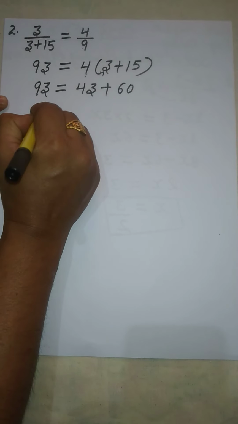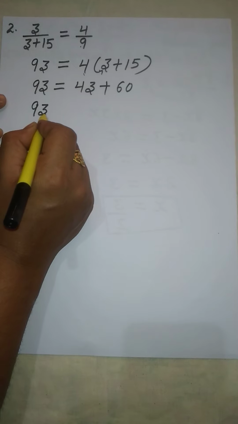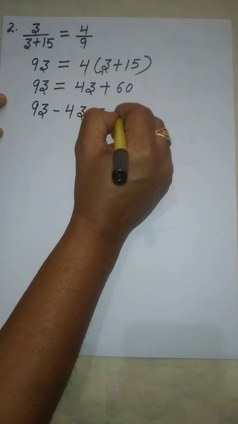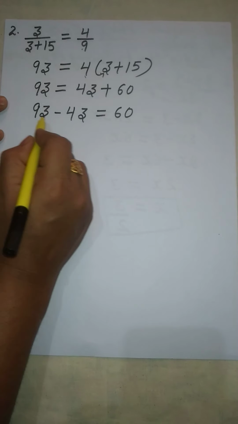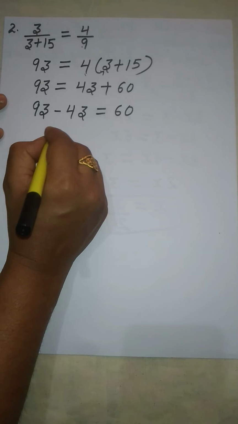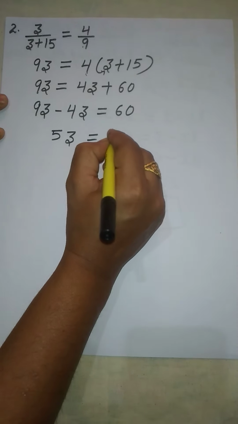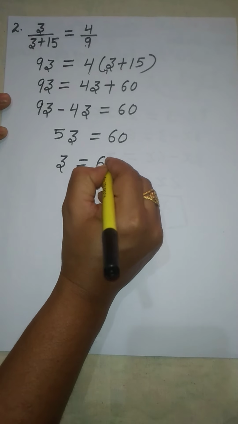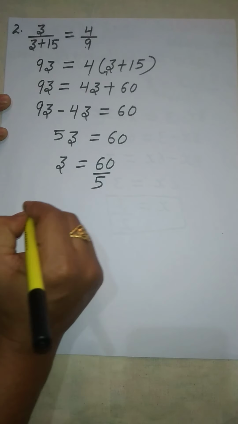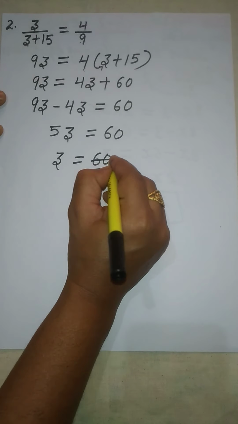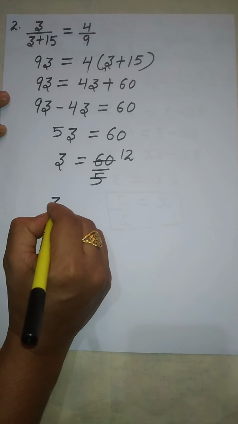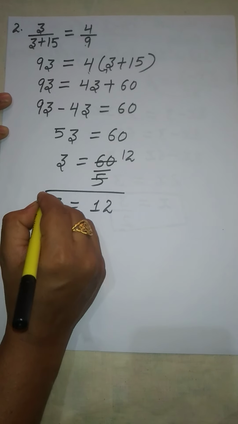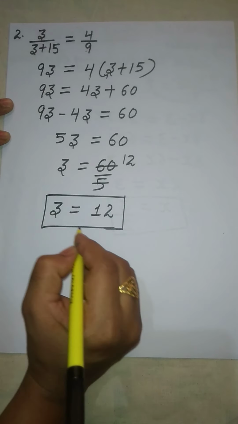Now 4z will be transposed to the left side. 9z minus 4z is equal to 60. 9z minus 4z is 5z is equal to 60 and z is equal to 60 divided by 5. 12 5s the 60. So z is equal to 12 is the answer.